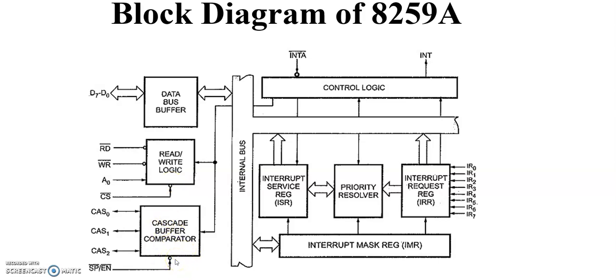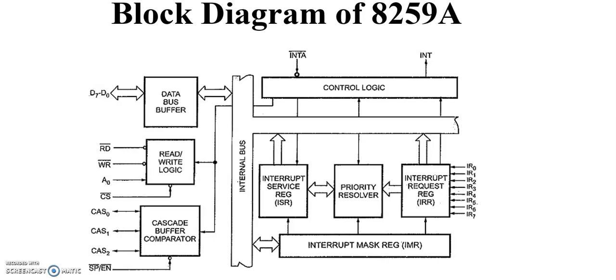Coming to the cascade buffer comparator, the 3 cascading pins are connected to the cascade buffer comparator. Based on the signal, the control logic is connected to the MPU. The 8259 interrupts the processor, saying that a valid interrupt has occurred from a peripheral device.